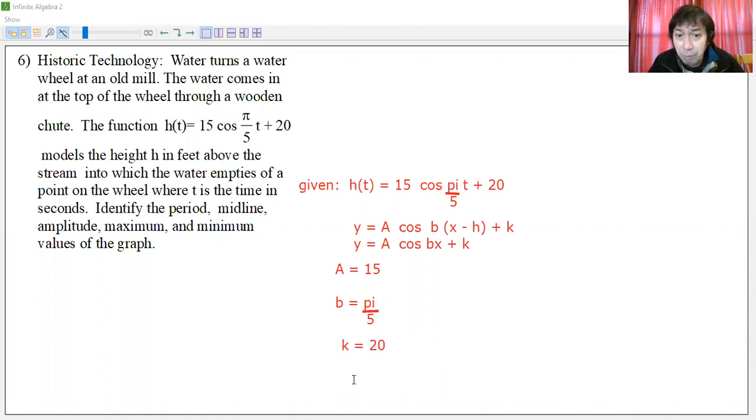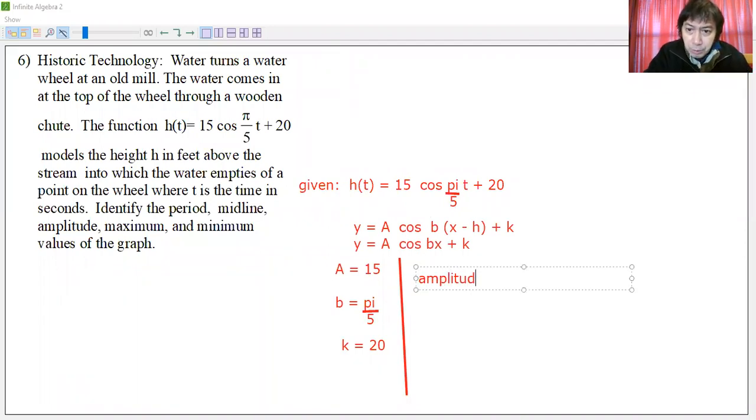And so right away, we know the answers. Our A is the amplitude, okay? And we can readily see that, and we can readily get the amplitude. Amplitude is equal to 15, and this must be feet.